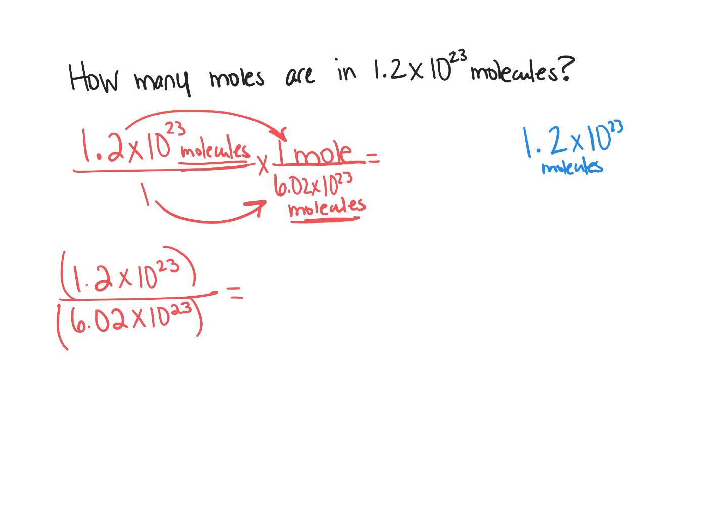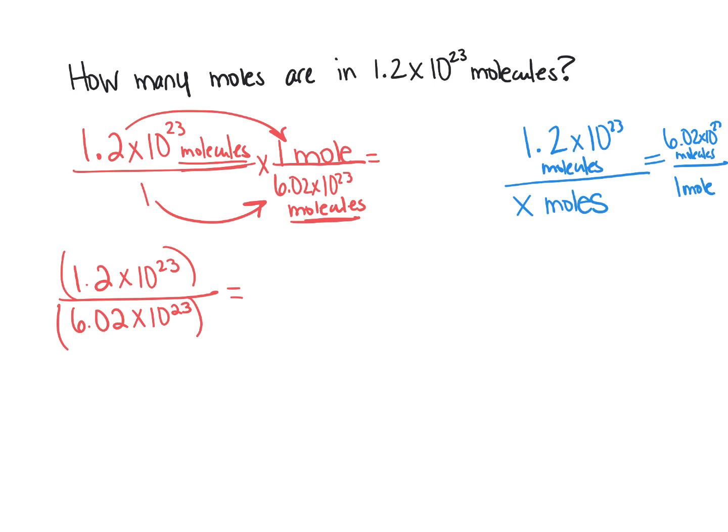Now, for the ratio method, I'm given 1.2 times 10 to the 23rd molecules. I want to know how many moles that is. So I'm going to put it over X moles. I'm going to set that equal to 6.02 times 10 to the 23rd molecules on top, because molecules was on top on my left side, and that is 1 mole, because moles is on the bottom.